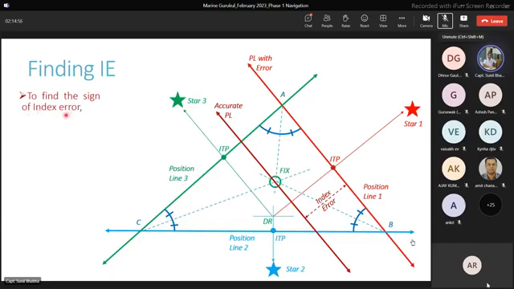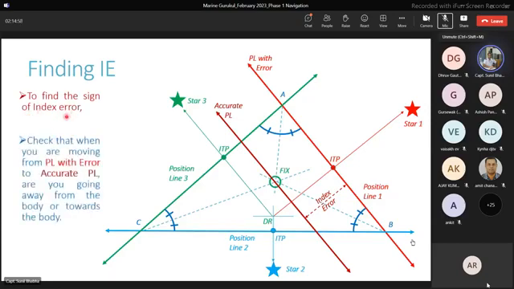Now to find the sign of the index error, we have to check, when we are moving from the wrong PL, by wrong PL I mean the PL having error, which in our case is the red position line, which formed one side of the triangle, to the accurate PL.